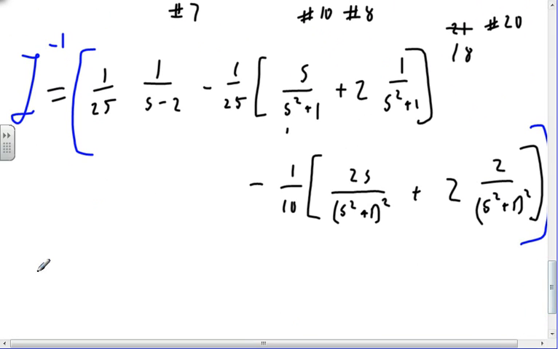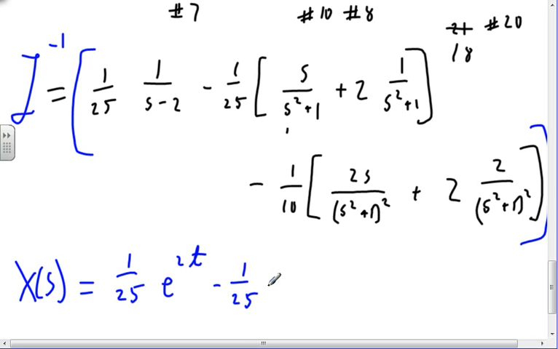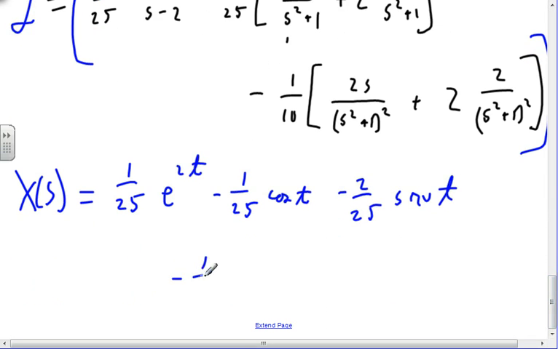I'm going to have x of t equals 1/25 e to the 2t, minus 1/25 cosine t, minus 2/25 sine t, minus 1/10 t sine t, minus 2 over 10, also known as 1/5.